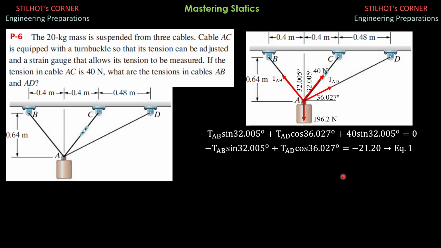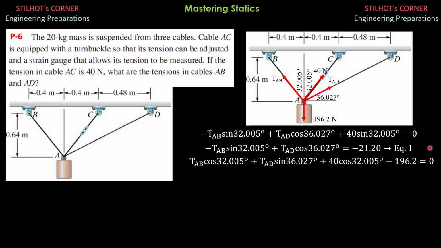Summation of forces in y equals 0. So we have TAB cosine 32.005 degrees plus tension AD sine 36.027 degrees plus 40 cosine 32.005 degrees minus 196.2 equals 0.